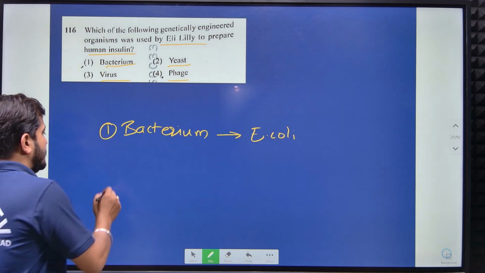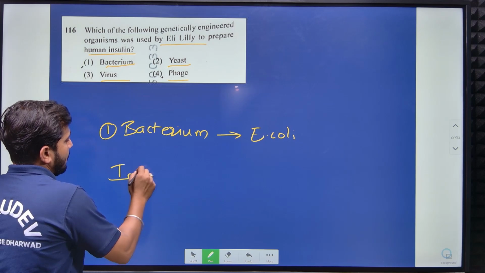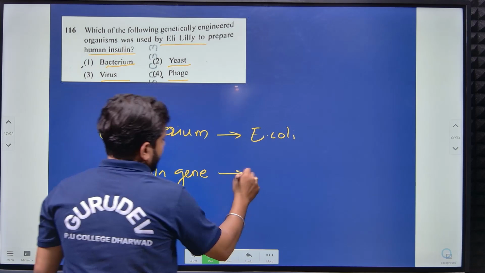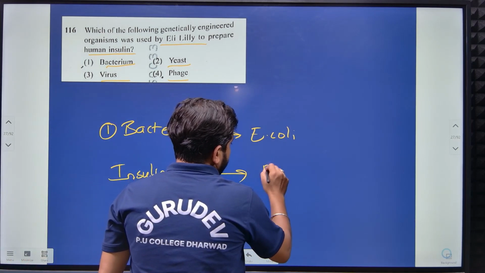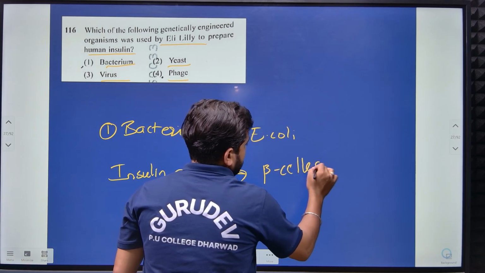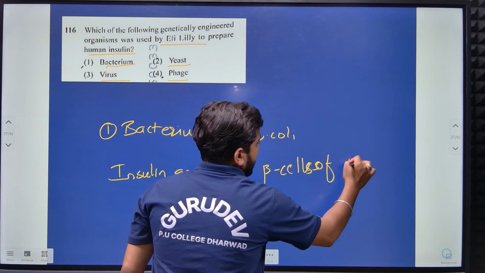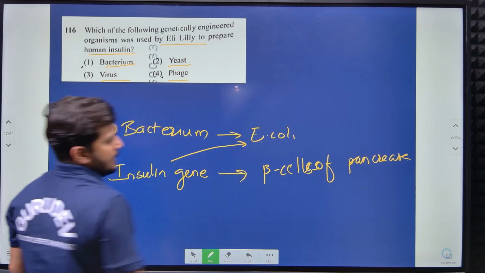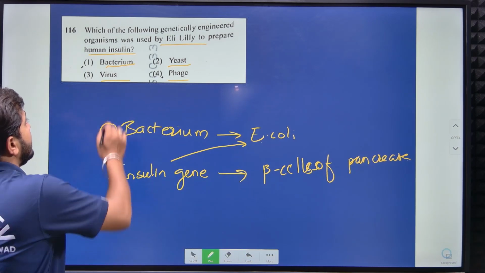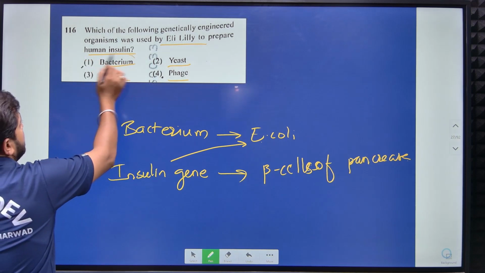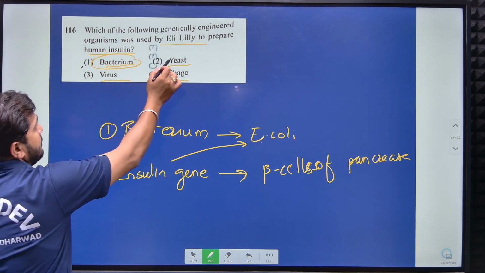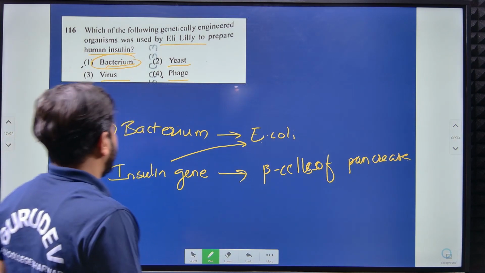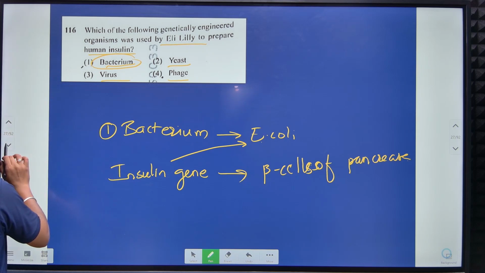Because the insulin forming gene, which is isolated from beta cells of the pancreas, is inserted into the plasmid of E. coli. So Eli Lilly has chosen the bacterium to carry out the production of this recombinant insulin, so option 1 is correct.